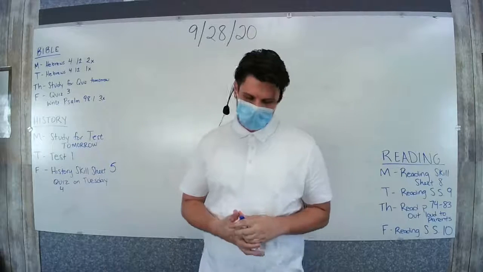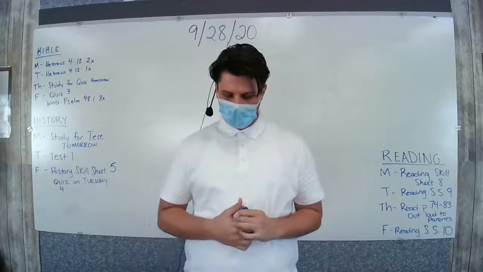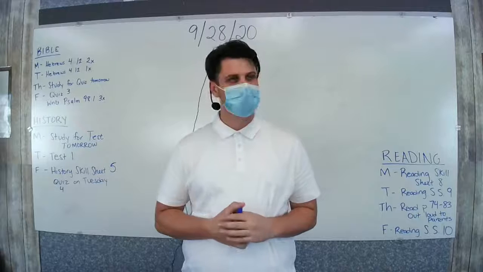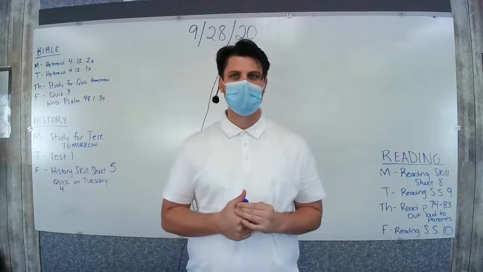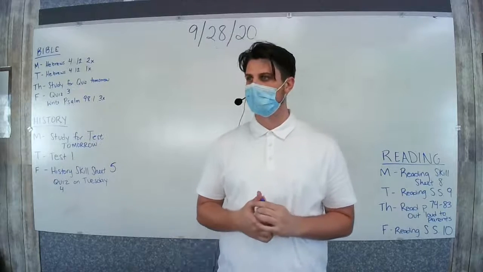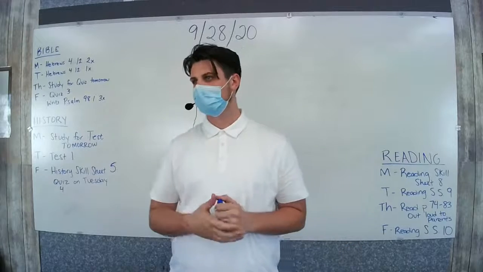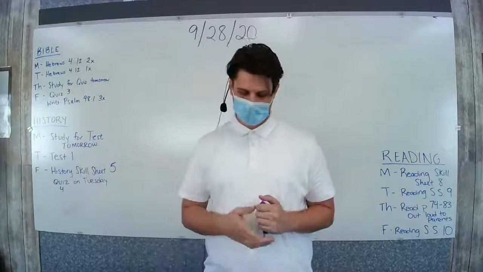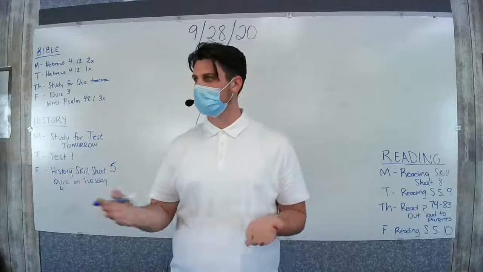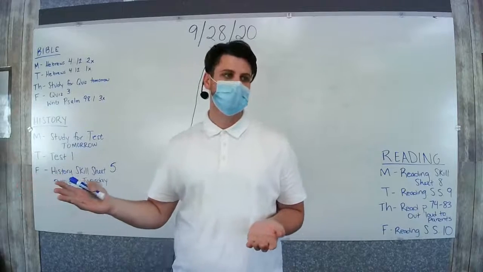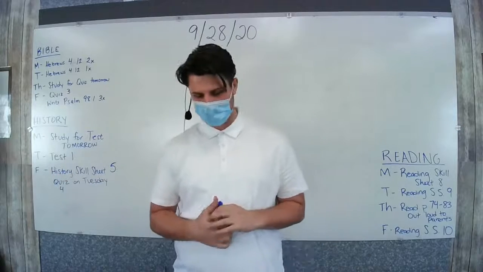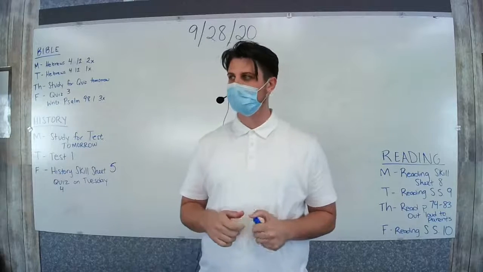E. 64 quarts is equal to how many pecks? Which one's bigger? Quarts or pecks? Pecks is bigger. So you're going smaller to larger, right? So what are you going to do? Divide. Exactly. How many quarts are in a peck?